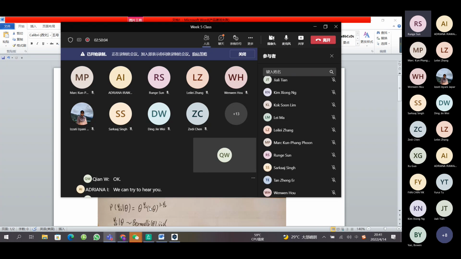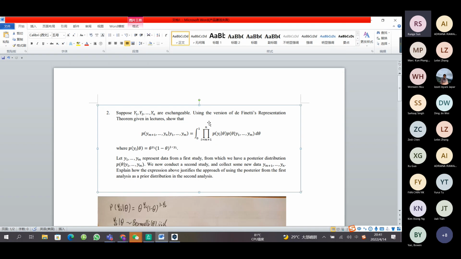Can you hear my screen? Yes. Okay. This question is to prove this formula using the de Finetti representation theorem. So we know that y1 to ym is a first study, so p theta y1 to ym is a Gaussian distribution, and ym plus 1 to yn is a second study.